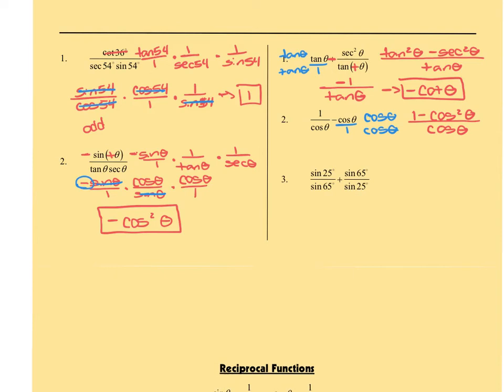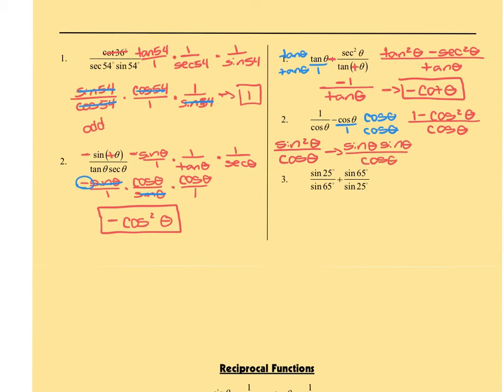The numerator is going to become a sine squared theta, all over a cosine theta. And then we don't really want to leave things as a fraction, so we're going to do a unique skill on this one. We're going to take that sine squared and rewrite it as a sine theta times a sine theta over cosine theta.